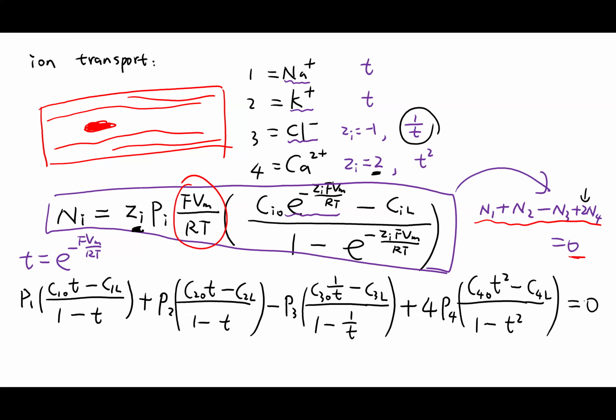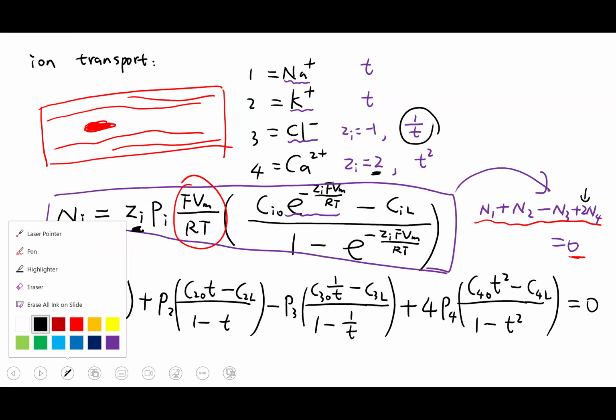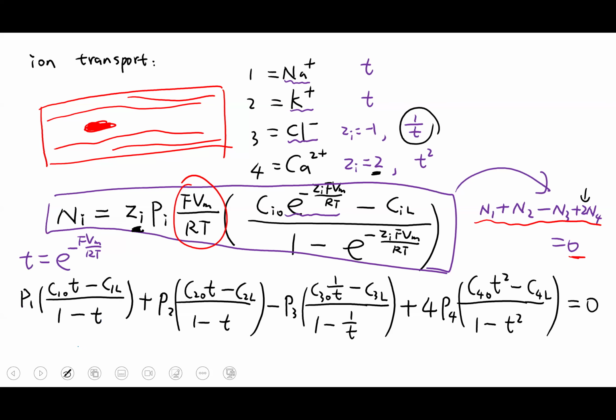So based on this, the first thing you can do is multiply both top and bottom by T, right? So basically this thing will become T minus 1, and then this is times T, and then you will get minus T times C3L.